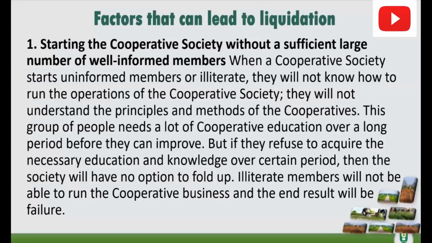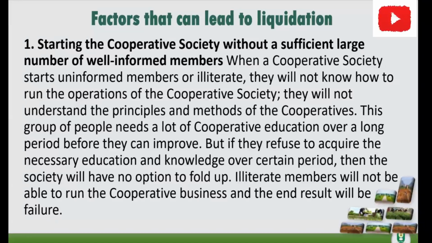This group of people needs a lot of cooperative education over a long period of time before they can improve. But if they refuse to acquire the necessary education and knowledge over a certain period of time, then the society will have no option than to fold up. Illiterate members will not be able to run the cooperative business, and the end result will be failure. So that's number one reason, starting the cooperative without a sufficiently large number of well-informed members.